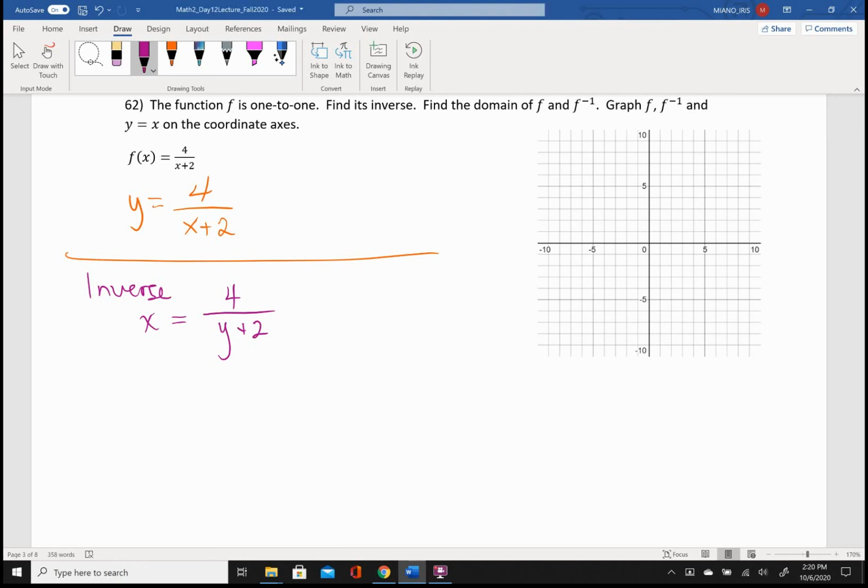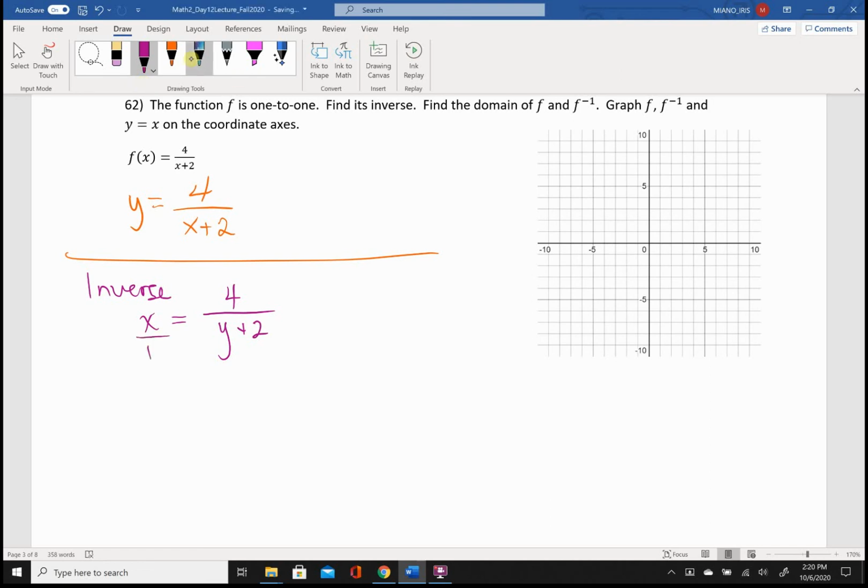So here we go. Let's now solve this for y. What you get to do here is multiply both sides by y plus 2 and simultaneously divide both sides by x.